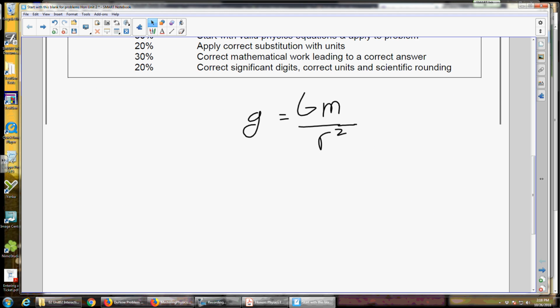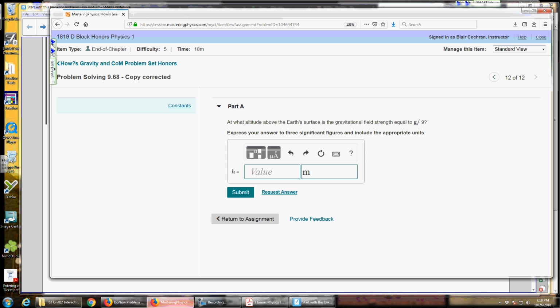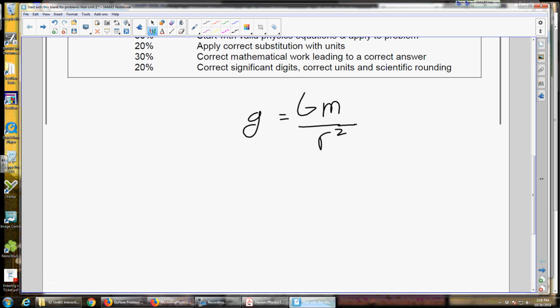So let's plug in stuff. There we go. Gravitational field strength, little g. I know it's 1/9 of what it is on the surface. So I'm just going to put little g over 9, where that little g I know is 9.81 newtons per kilogram.